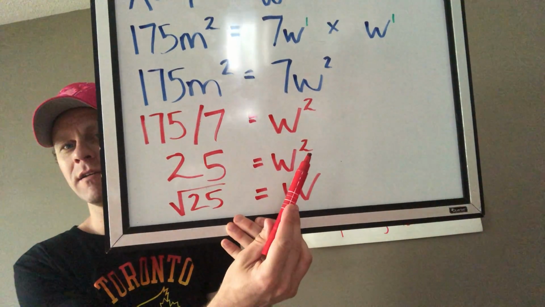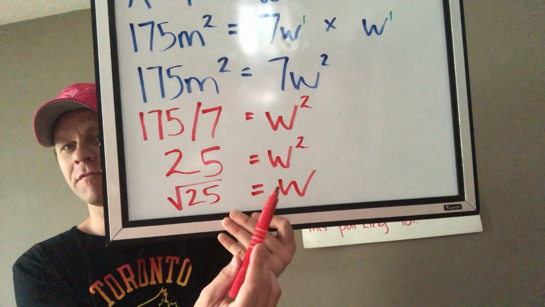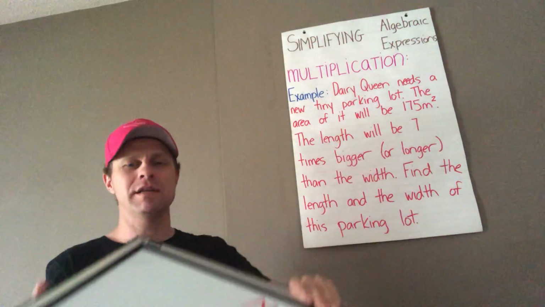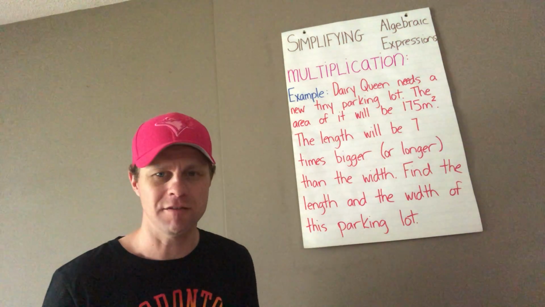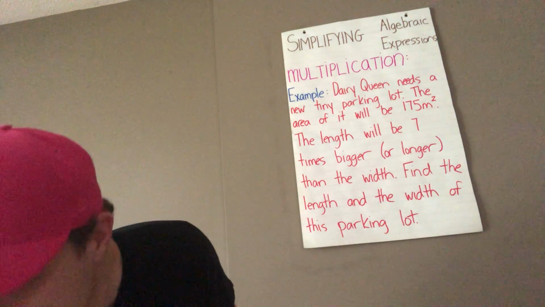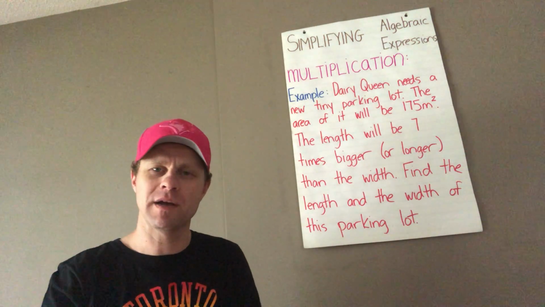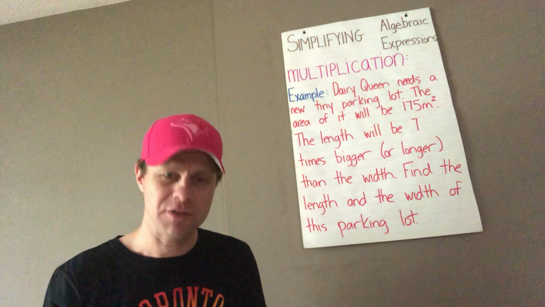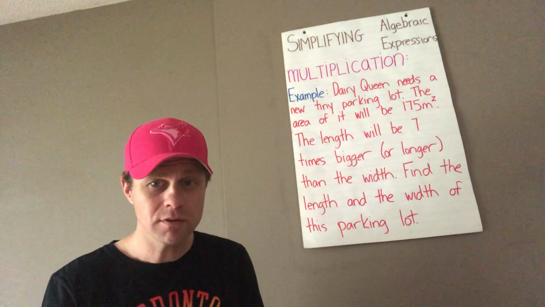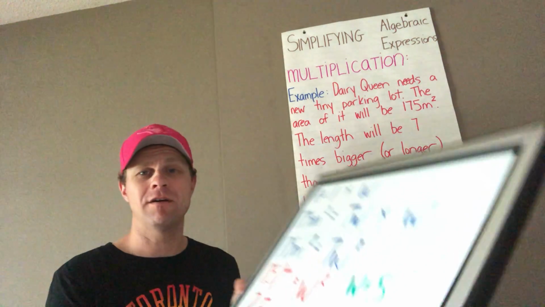So I got rid of my squared, and I want to find the square root of 25, so then I can have our W, our width, on its own. So what number multiplied by itself equals 25? Well, what's 5 squared? 5 times 5. Is that 25? Yes. So W equals 5 now.